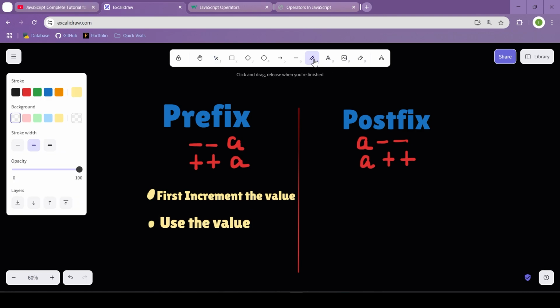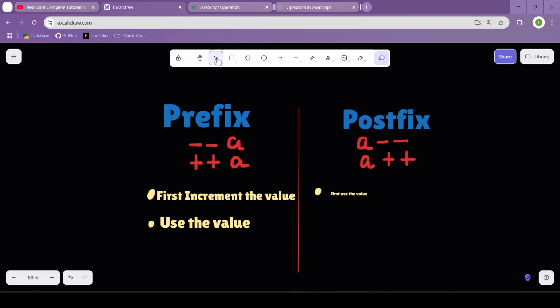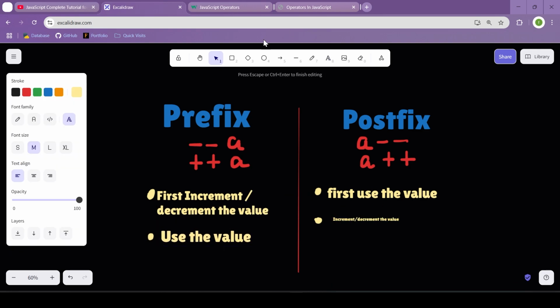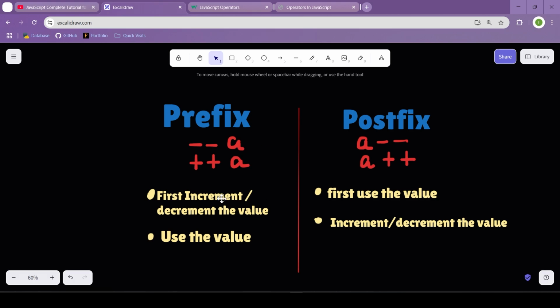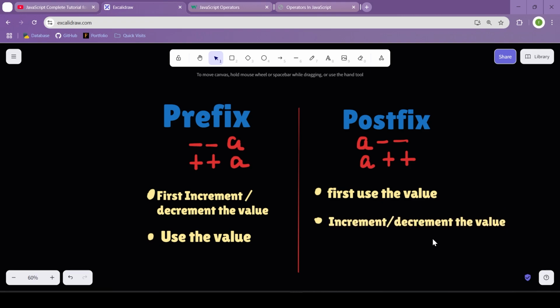But for your postfix, it says first use the value, then simply increment the value. So your prefix says first increment or decrement the value, then simply use the value. But for your postfix, it says first use the value, then after using the value once, increment or decrement the value.